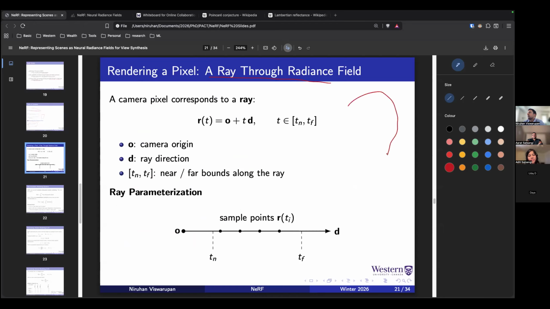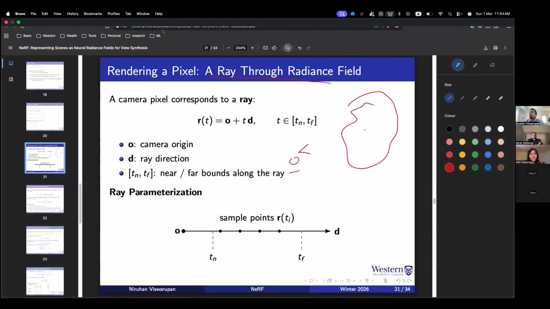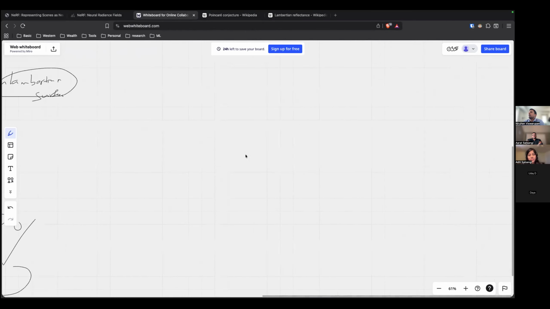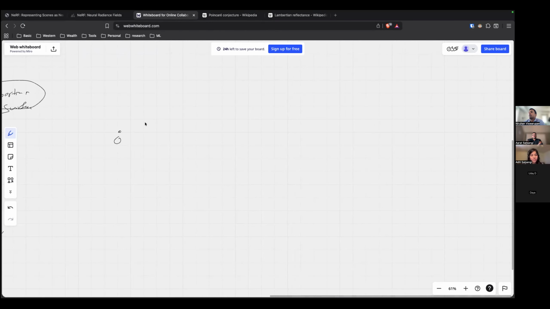Let's imagine this cloudy radiance field, and you have picked an origin O. You must have taken an image processing or computer vision class where you have a camera origin, and then the actual image plane in front of the camera, and then the 3D scene.